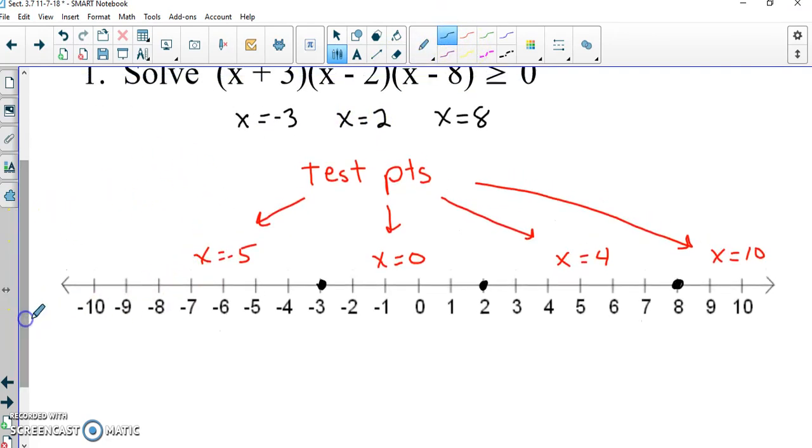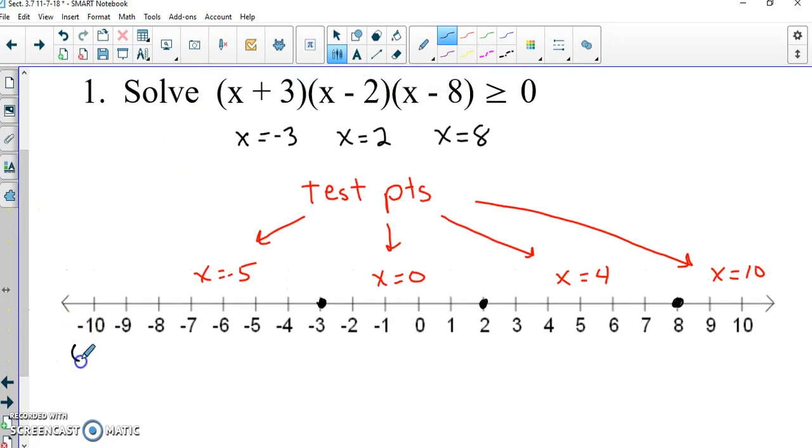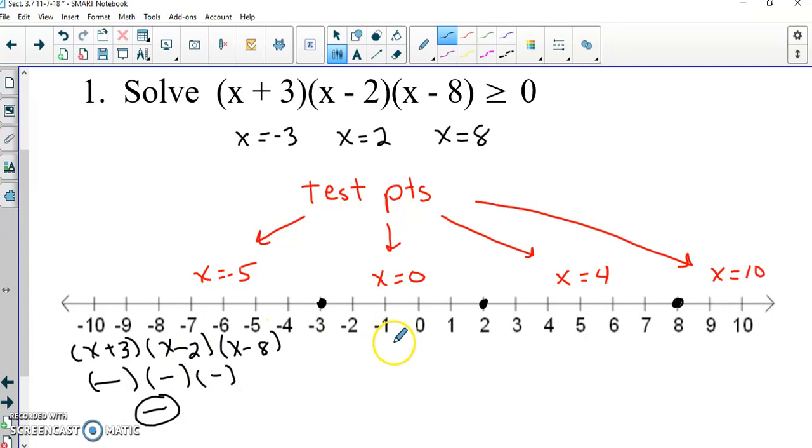So the factored form is (x plus 3)(x minus 2)(x minus 8). If I plug in -5, -5 plus 3 is a negative number. -5 minus 2 is -7, which is negative, and -5 minus 8 is negative. And when you multiply 3 negatives together, you end up with a negative number, which would be less than 0. Since we want greater than or equal to 0, everything in here would not be in our answer.